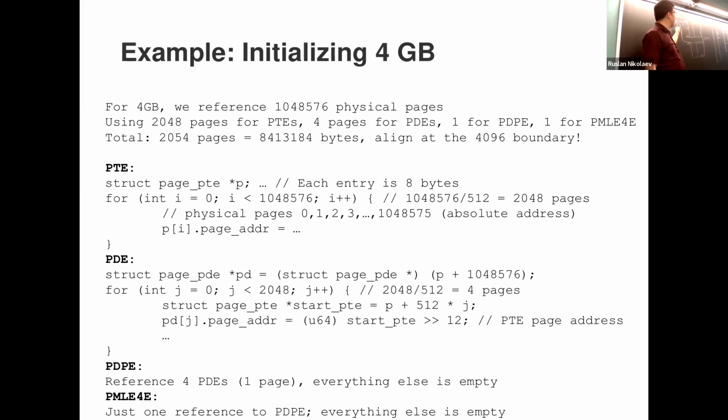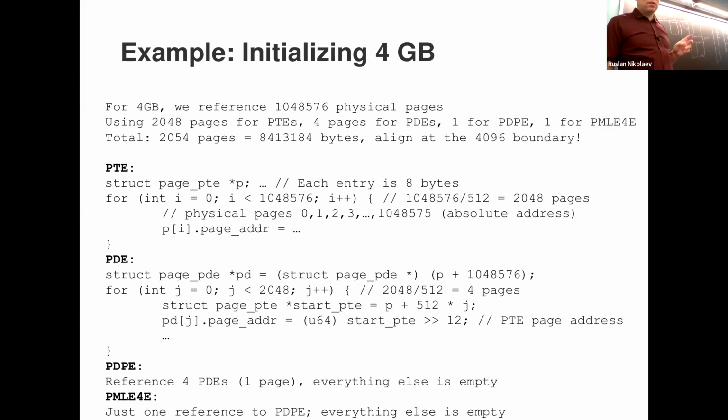So now, what do we have in level 2? We have to refer to the physical page which corresponds to level 1. How do we determine this? Let's take a look at the second loop. We have this address, so we adjusted this address to P plus 1 million entries.